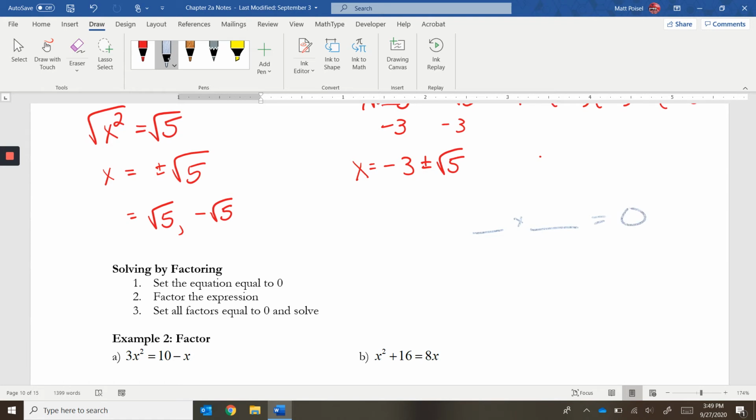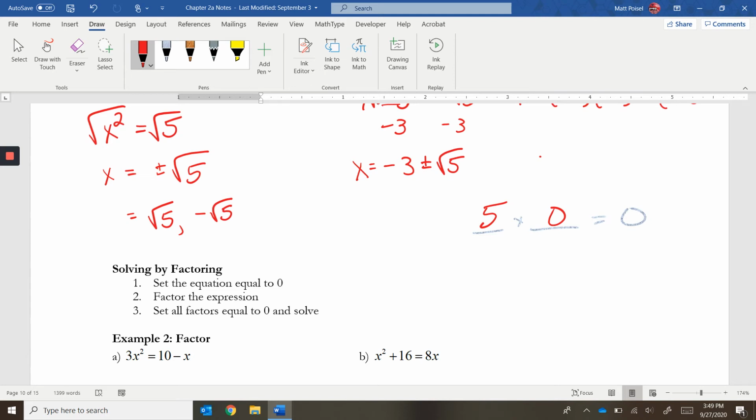Okay, you can try positives and negatives. 3 times negative 3, that doesn't give us 0. Let's see, we could do fractions. 5 times 1/5, that does not give us 0. The only way to get 0 is if we do 5 times 0. And so what we decide to do then is we're just going to go ahead and set both factors equal to 0, just to cover our bases and make sure that we've found the answer.